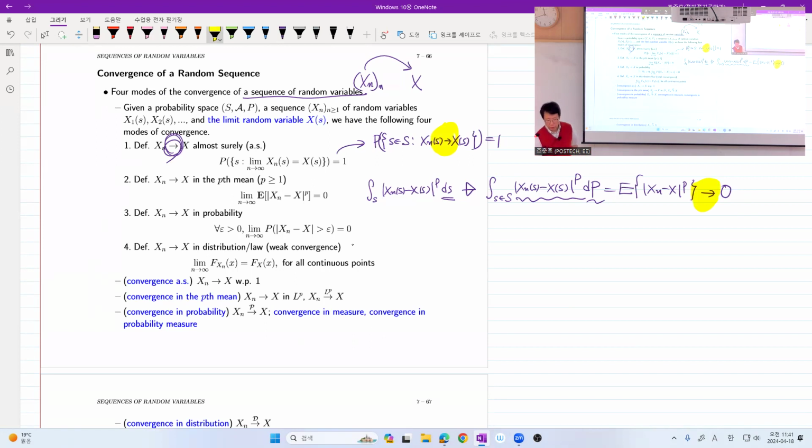And what about the third definition, in probability? See that here, for every epsilon positive, you construct a sequence of probabilities. And that sequence converges to 0. So here again, for every epsilon positive, your sequence of probabilities goes to 0. Okay.